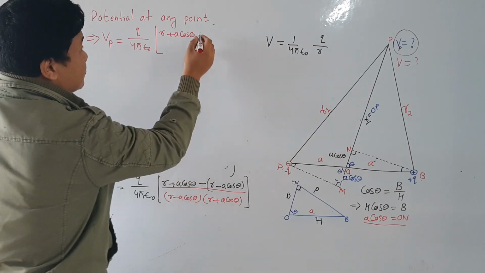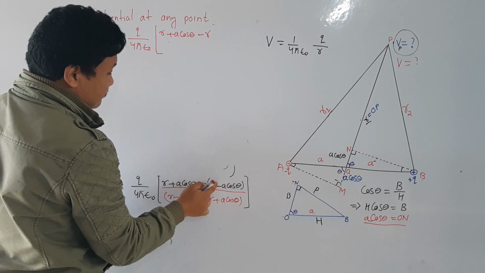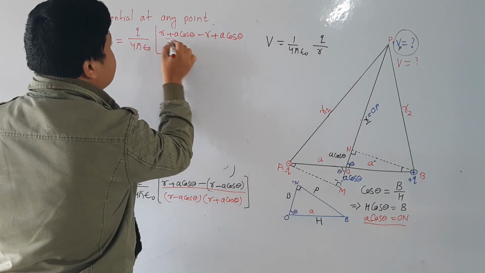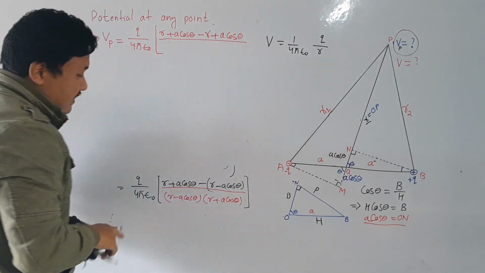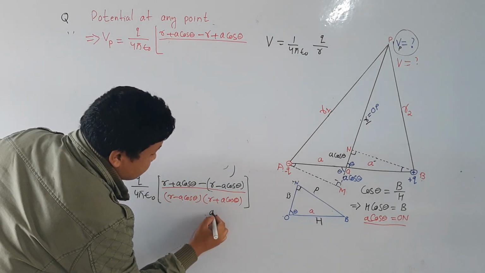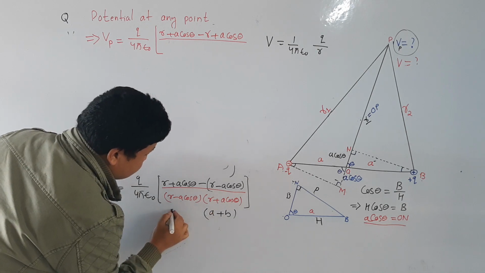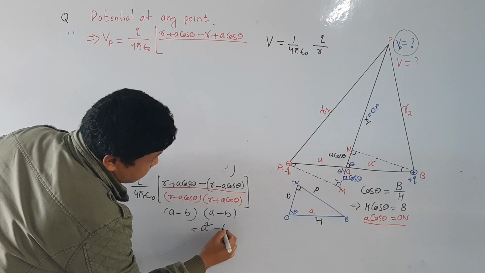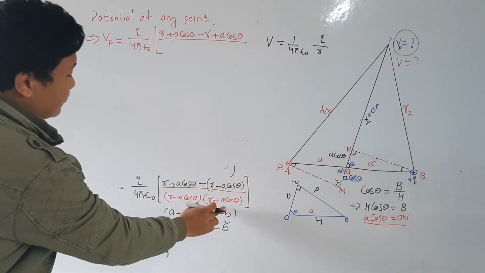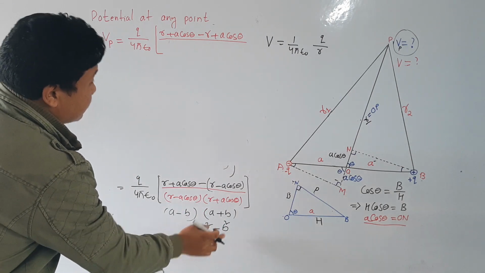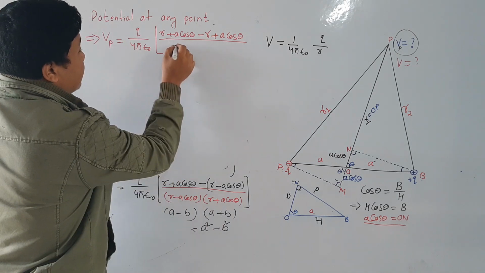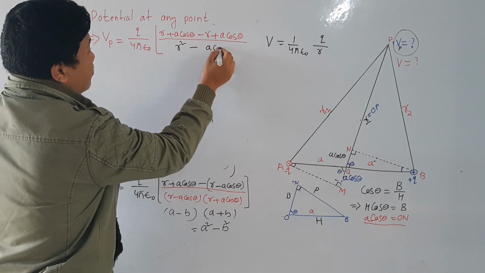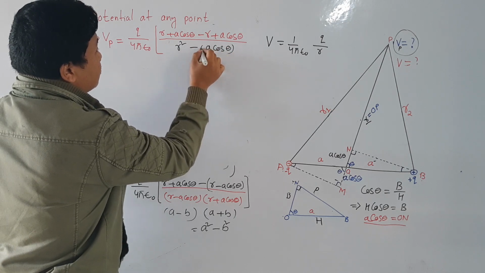So minus plus is minus r, minus minus is plus a cos of theta, whole divided by what is there? (a plus b)(a minus b). So this will become a square minus b square, right? What is a? This is r square. Minus what is b? This is a cos theta whole square.